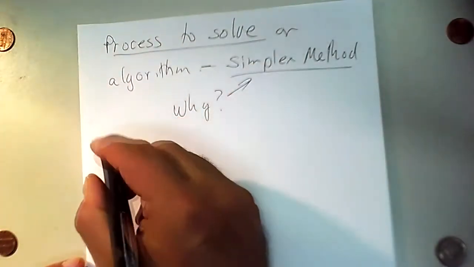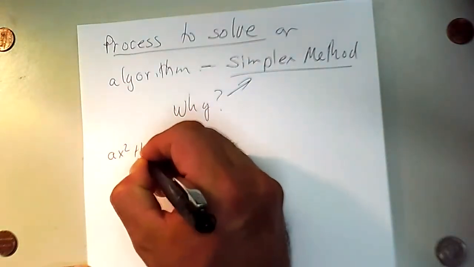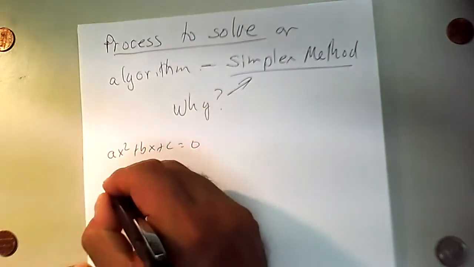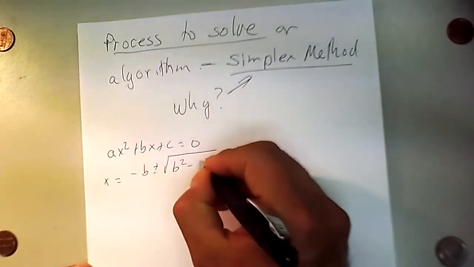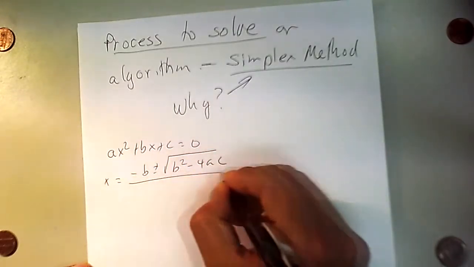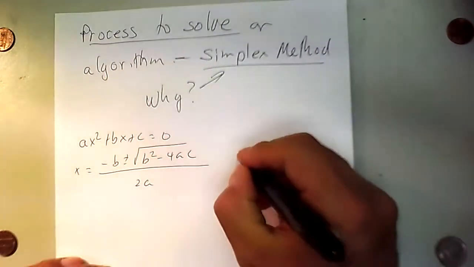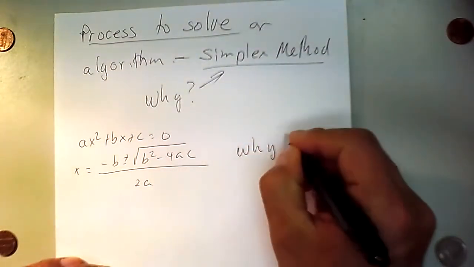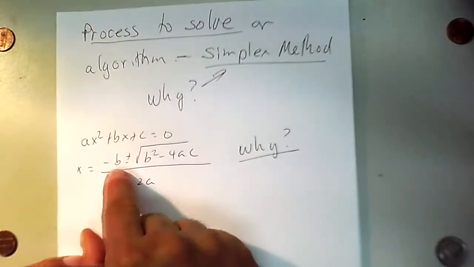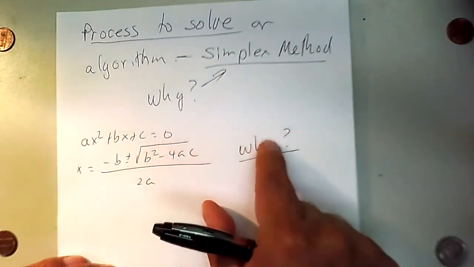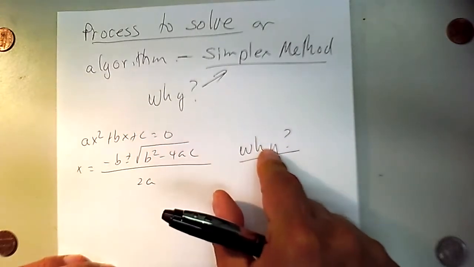I have a little analogy. If you have ax squared plus bx plus c equal to 0, x equals the opposite of b plus or minus the square root of b squared minus 4ac, all of it over 2a. Everybody knows the quadratic formula, but the question is why? You may be very good at figuring out your solution, but without having much insight into why it works.